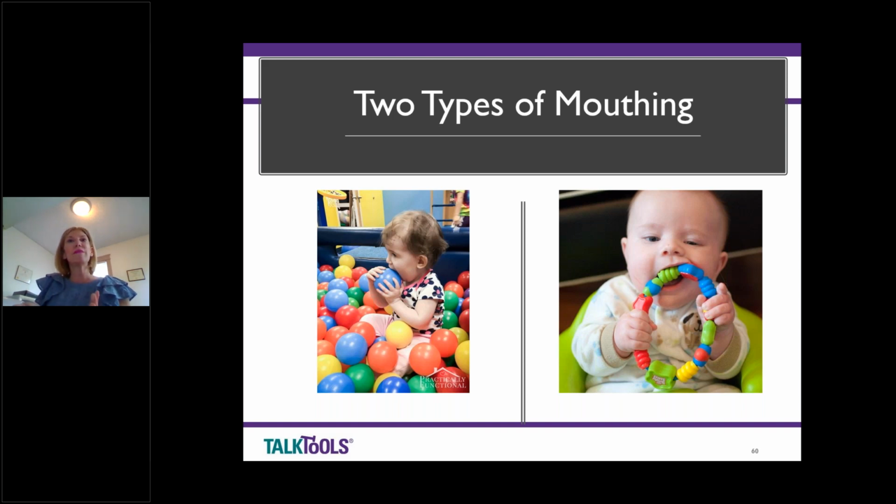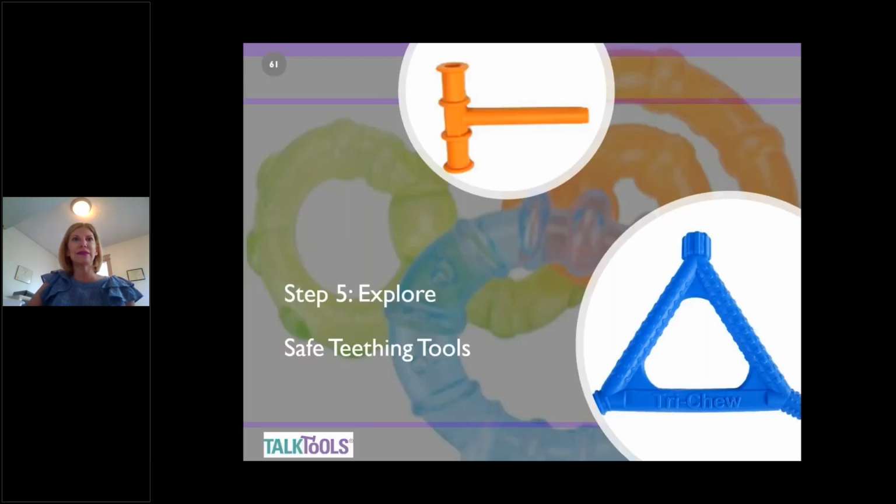And then there's discriminatory mouthing, where babies learn that food goes in the mouth, and the toys that we give them that are appropriate, or perhaps their hands. So there's a difference between us giving baby a tool versus us using jaw development tools to help with mastication and jaw strength, okay?